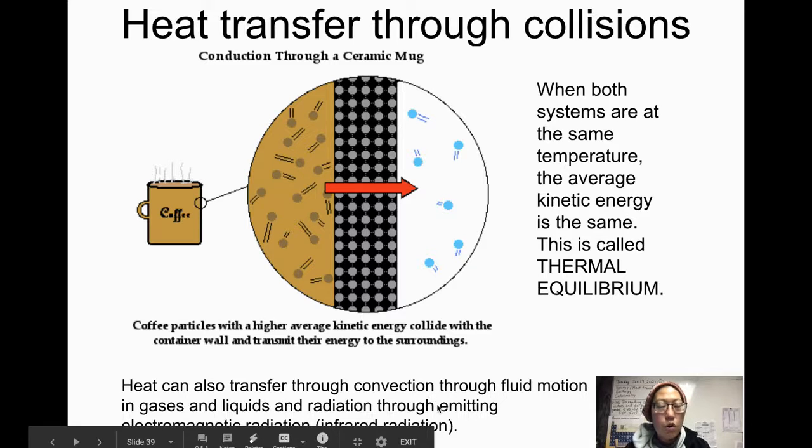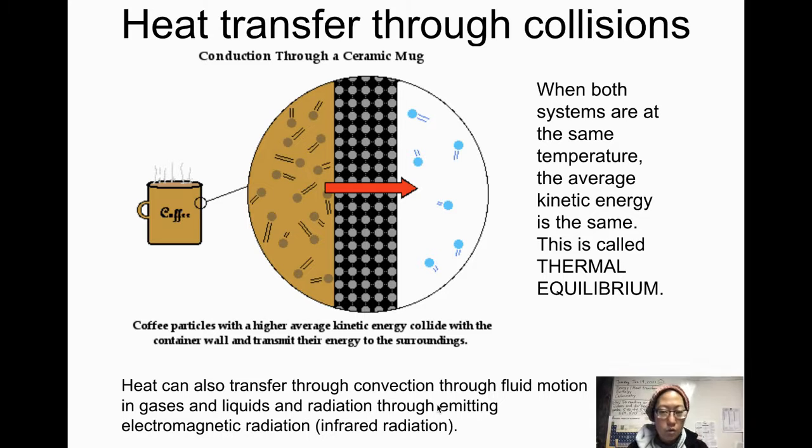And then the other form is radiation, through emitting electromagnetic radiation, through emitting light, basically in the form of infrared radiation. So infrared radiation is heat in the form of waves, so heat in the form of light energy. So that can be radiated off, and there is no collision going on there between molecules. That's just being emitted through the emission of light.